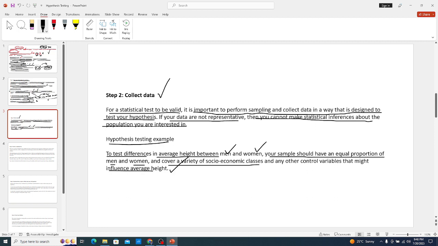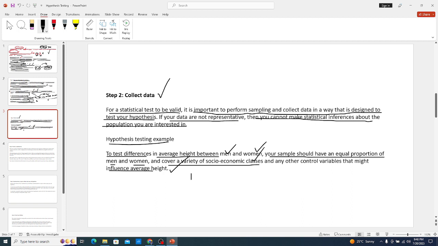Average height of a person. So in this case you will have to take average height data for men and women, considering all these factors, socioeconomic classes, or any other factor which might influence the height of a person.